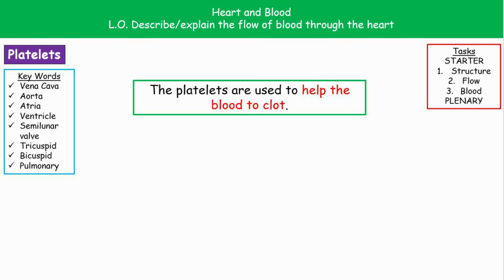So the platelets' role is to help clot our blood when we cut ourselves. So really important to avoid you bleeding to death from a paper cut. And again, when we get onto B6, we're going to look at this in a lot more detail on how it actually happens. But for the sake of B2, you just need to know platelets help to clot the blood.